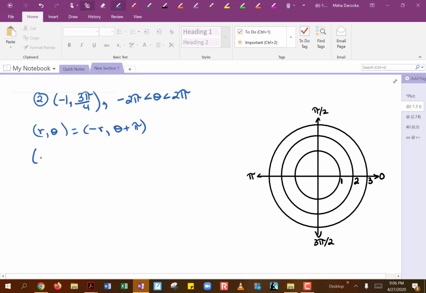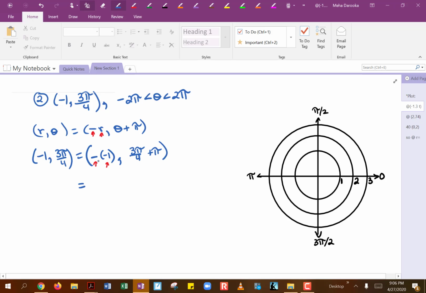Okay, so our original number is negative 1, 3 pi over 4. So I'm going to do negative of negative 1, right? Because this is saying negative on the r value. So that's our negative on the r value. And then our theta is 3 pi over 4, and I am adding pi to that.